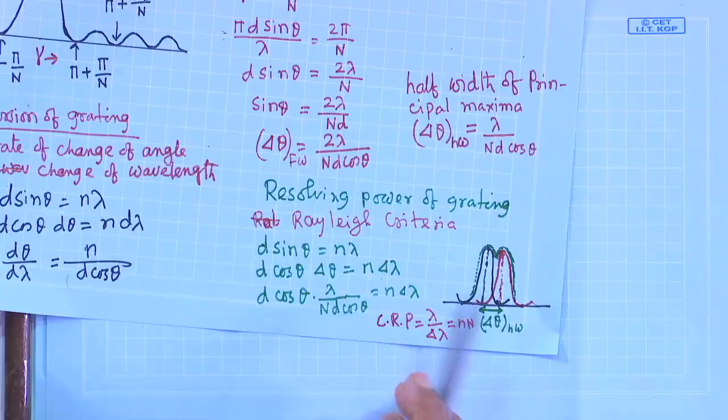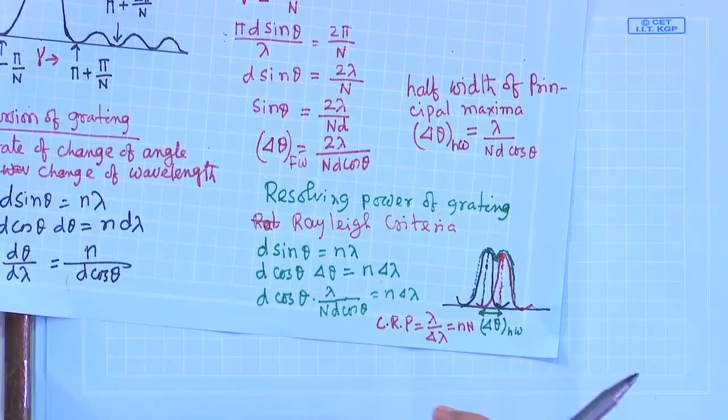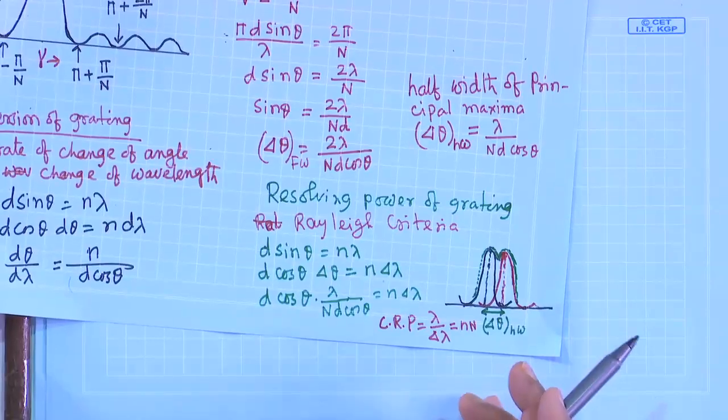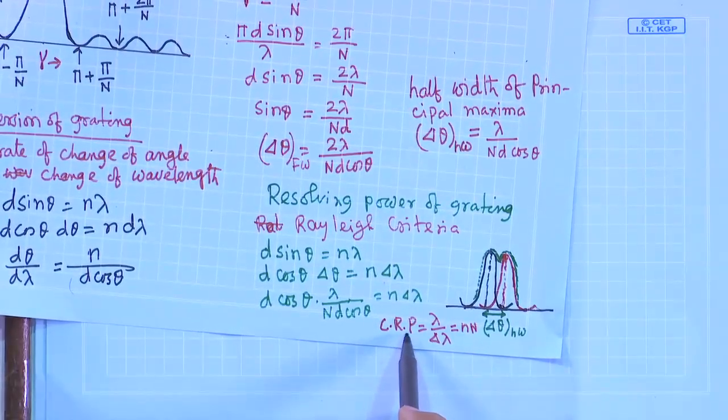Resolving power is also defined in terms of the separation of two objects, whether we can resolve them or not. But here it is in terms of wavelength, which is why it is called chromatic resolving power.